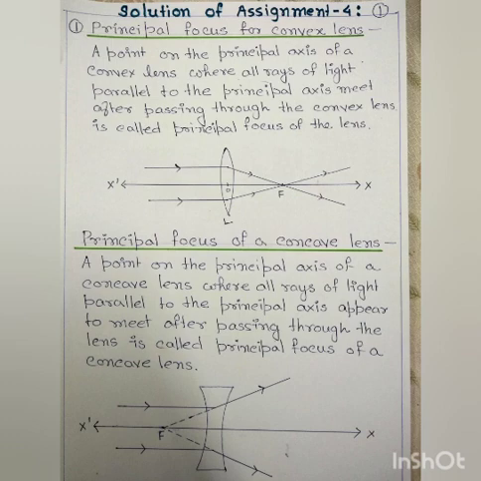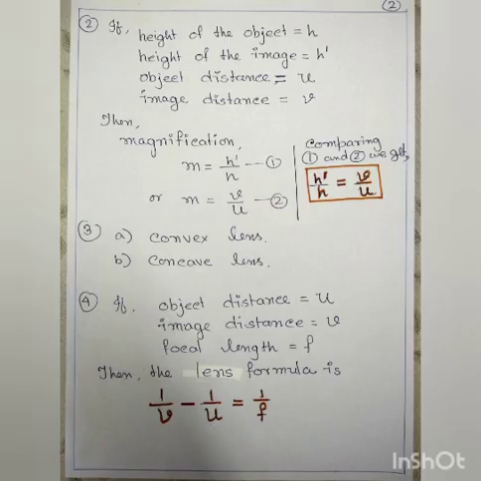Now the next question is, state the relation between the height of an object, height of image, object distance and image distance in case of a lens. Now if the height of the object is h, the height of the image is h', the object distance is u and the image distance is v, from the magnification relation we can write magnification m will be h'/h, or magnification will be v/u.